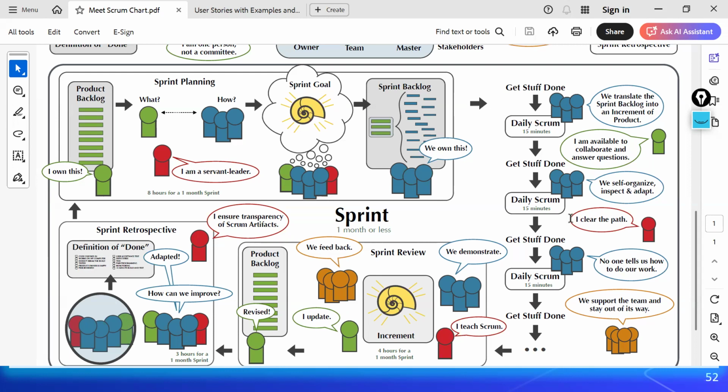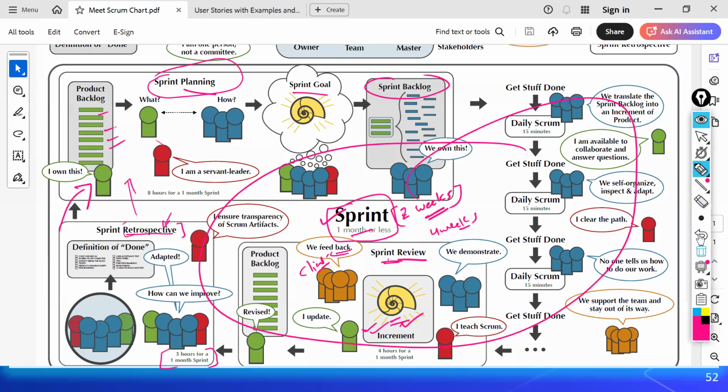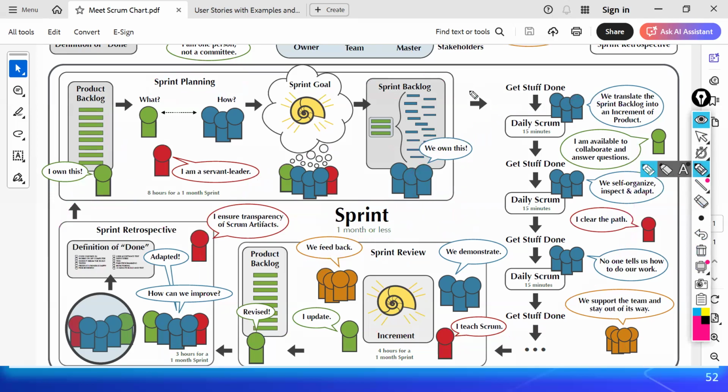Because initially I told you all that we have two things to take care of. One, of course, is the product, which is our application.